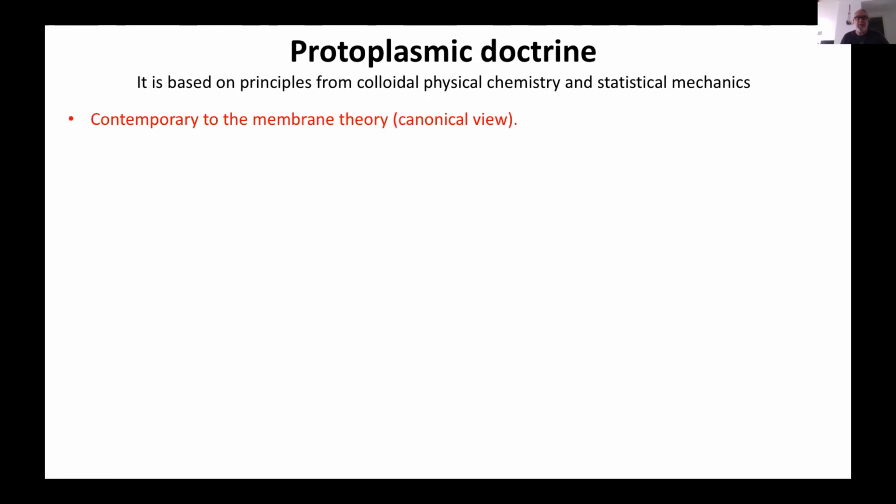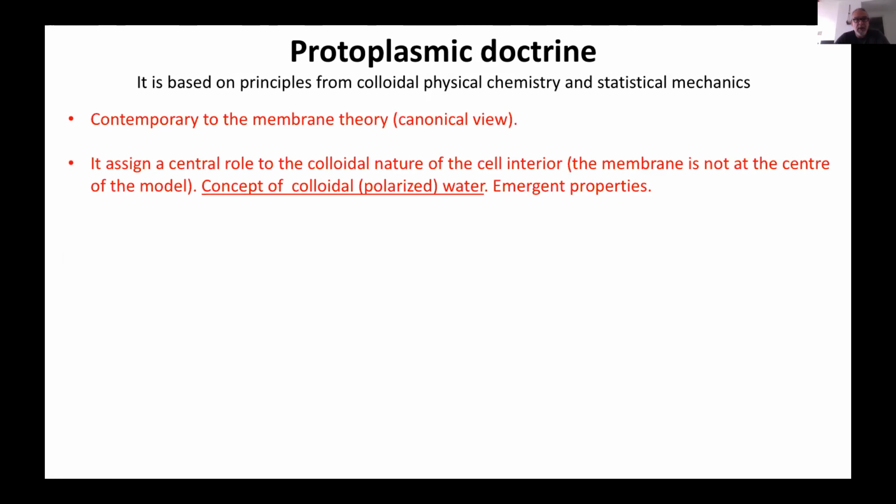One, there was a semi-permeable membrane, and another one that all this process leads to the properties of the cytoplasm. Here, there are very strong principles of colloidal physical chemistry and statistical mechanics. This is really a formal and quantitative theory.